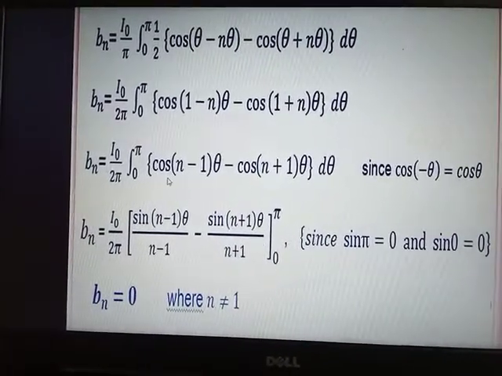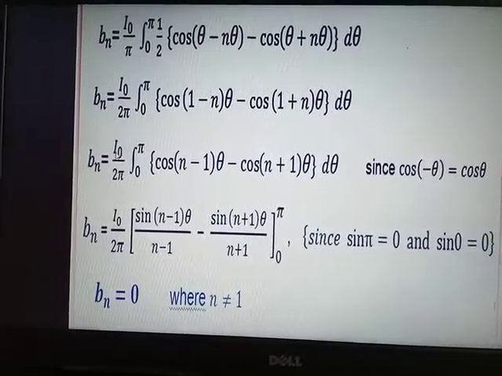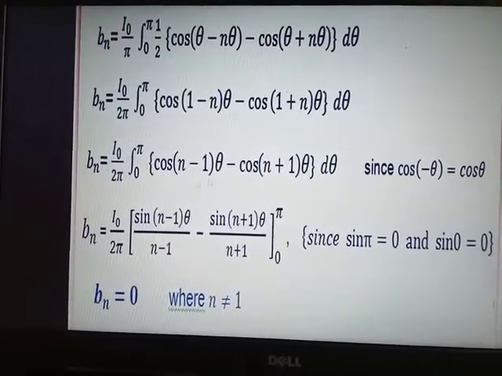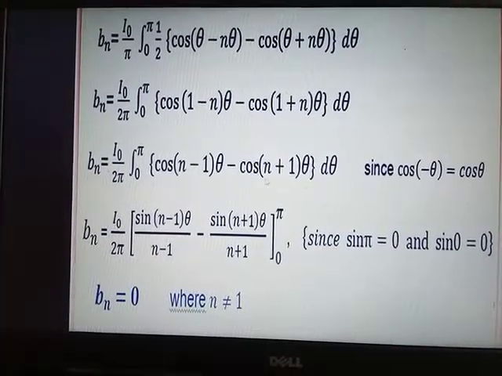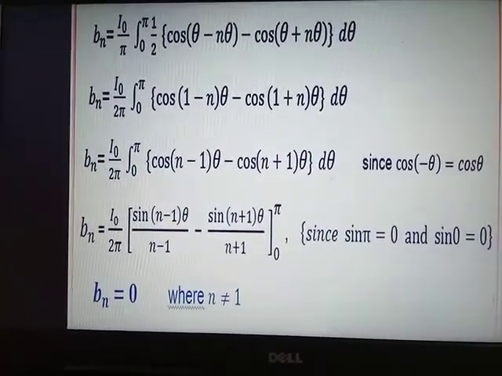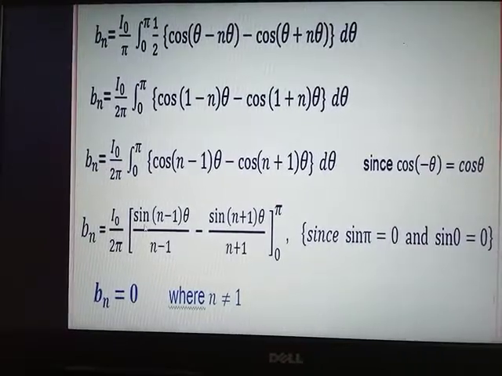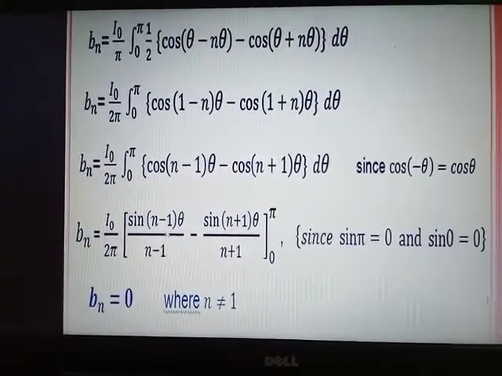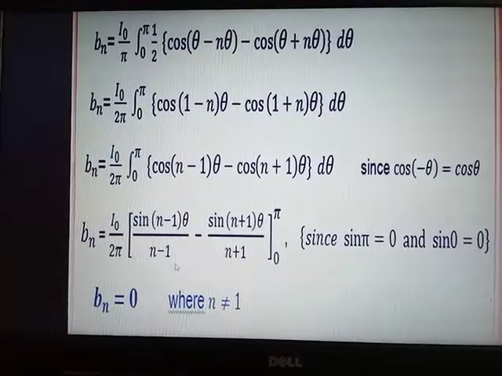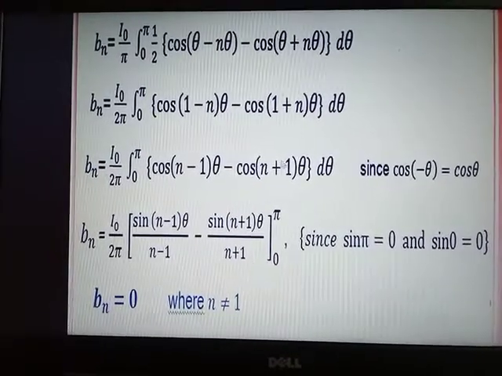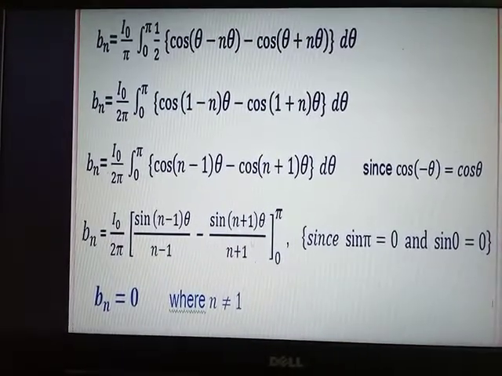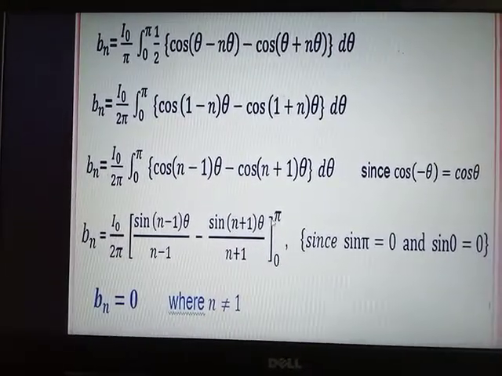Using that result, we get Bn is equal to I naught by 2 pi integration from 0 to pi cos of (n minus 1) theta minus cos of (n plus 1) theta d theta. Now integrate this one. Bn is equal to I naught by 2 pi, sin of (n minus 1) theta divided by n minus 1, minus sin of (n plus 1) theta divided by n plus 1, limits from 0 to pi.